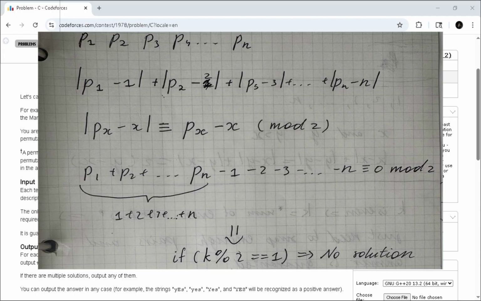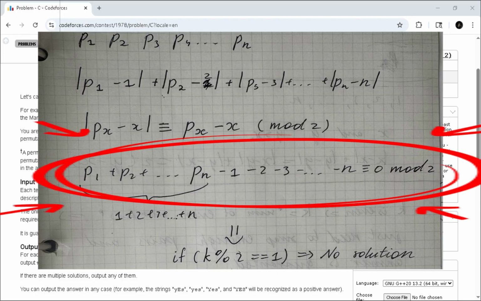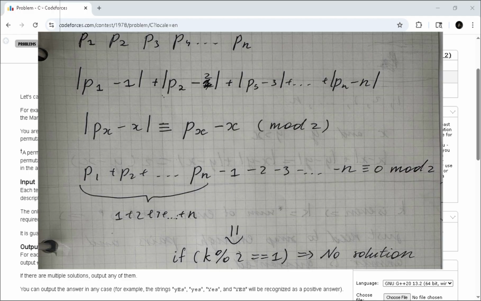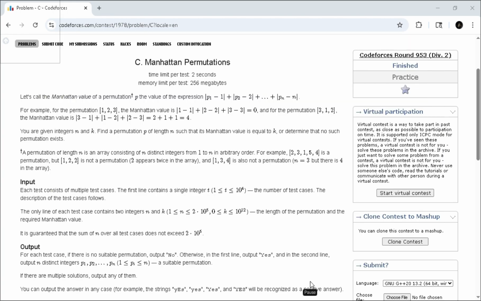That means our Manhattan value can be easily written as the equation below, so it will always be even and not odd. So for every odd k, the answer will also be no. I hope that's understandable. I made sure to write everything as simply as possible.